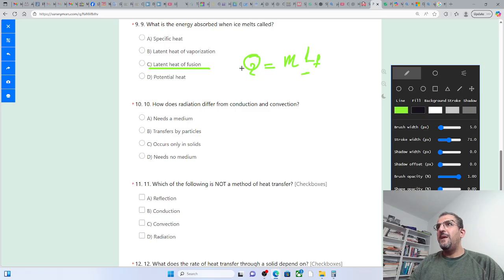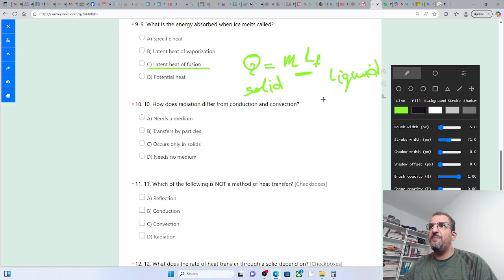Okay, and this process is between solid and liquid, between those two phases.